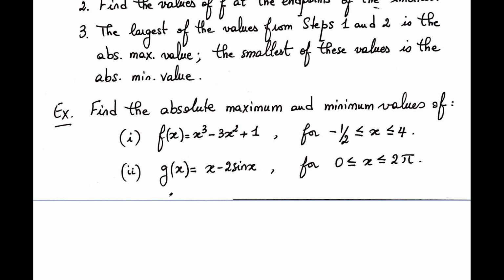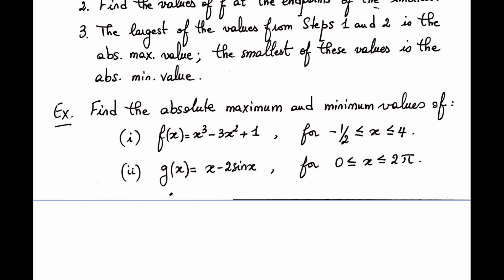Okay, part one. So the function f is x cubed minus 3x squared plus 1, and the closed and bounded set, by the way, closed and bounded sets are also referred to as compact sets, just if you're interested.